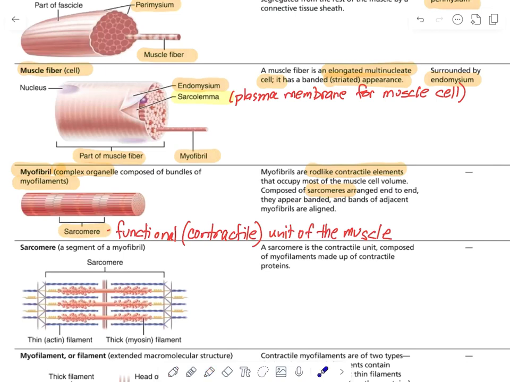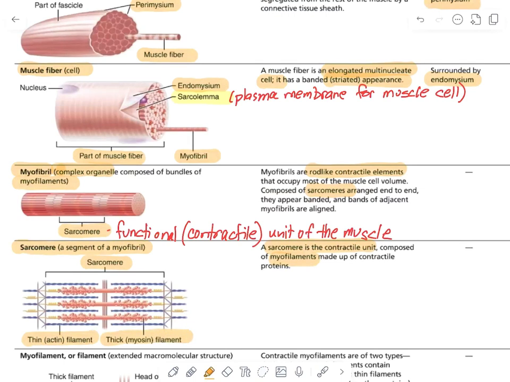Now we're looking at just the sarcomere on this last row of the table. The sarcomere is a segment of the myofibril, and it is the contractile unit. It has myofilaments in here, a thin filament and a thick filament.